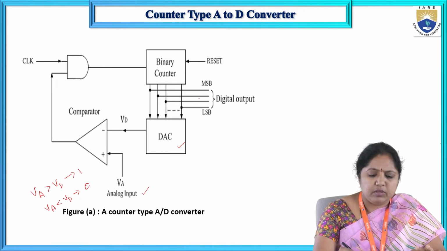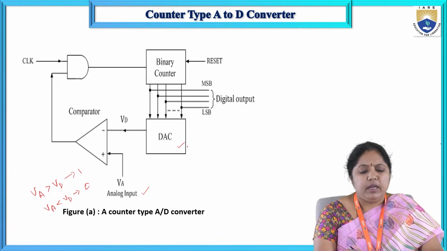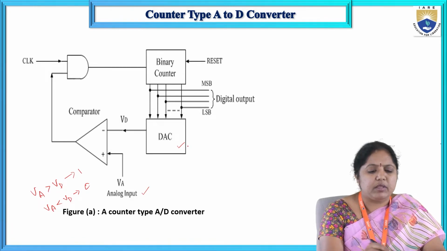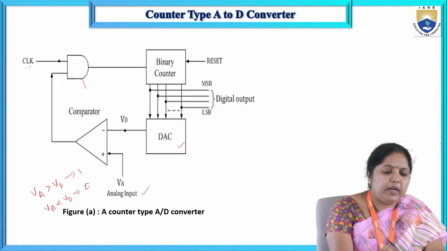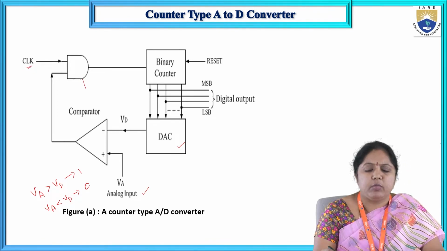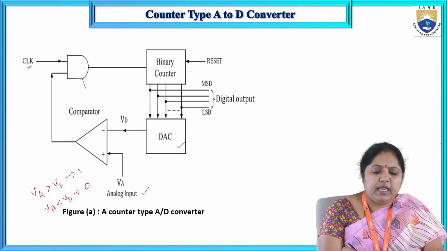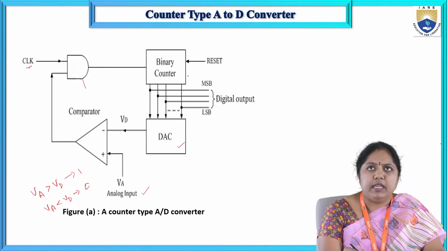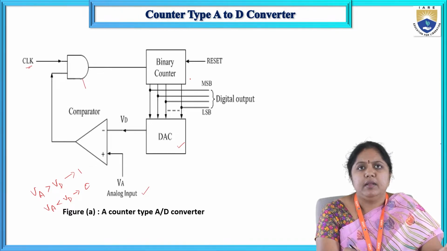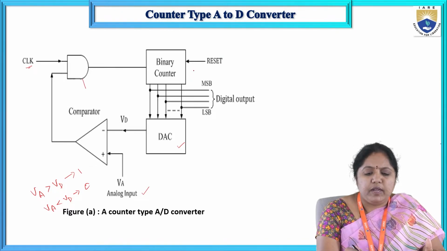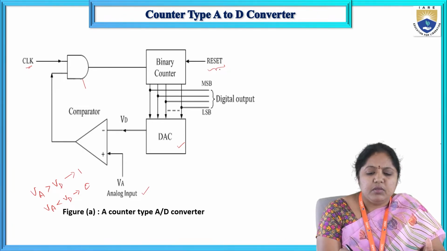If you observe this circuit, the output of this comparator I am giving as an input for the AND gate. Another input of the AND gate is the clock. The output of this AND gate is given as the input for the binary counter. The binary counter will count binary numbers, right? For this binary counter we are giving a reset input.